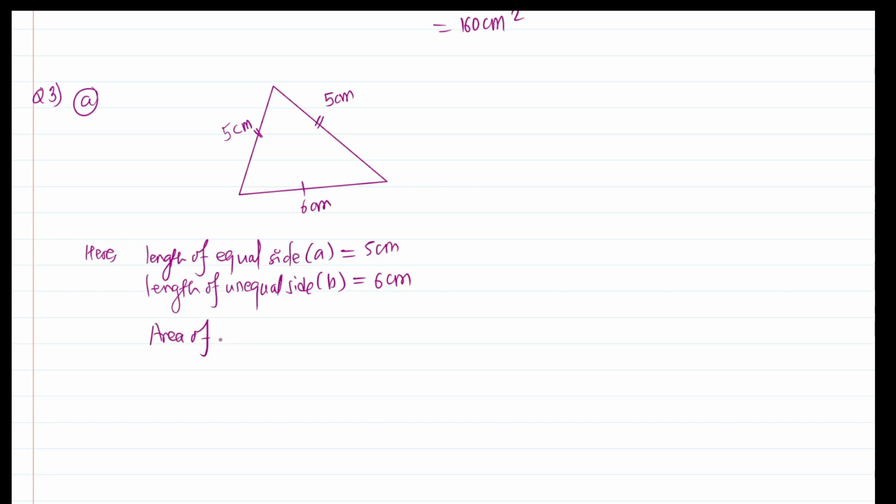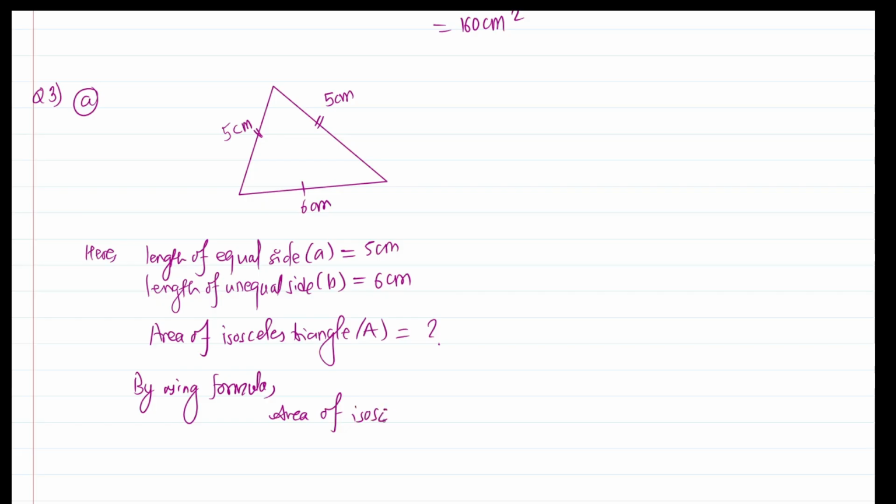So area of this isosceles triangle, A will be, by using formula, equal to b times under root 4a square minus b square whole upon 4.